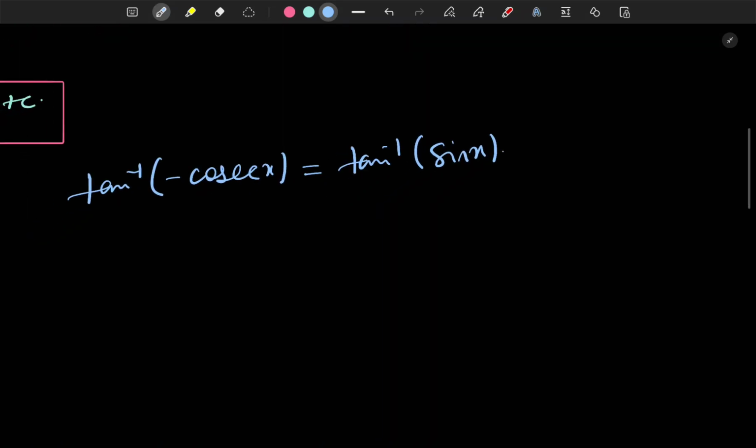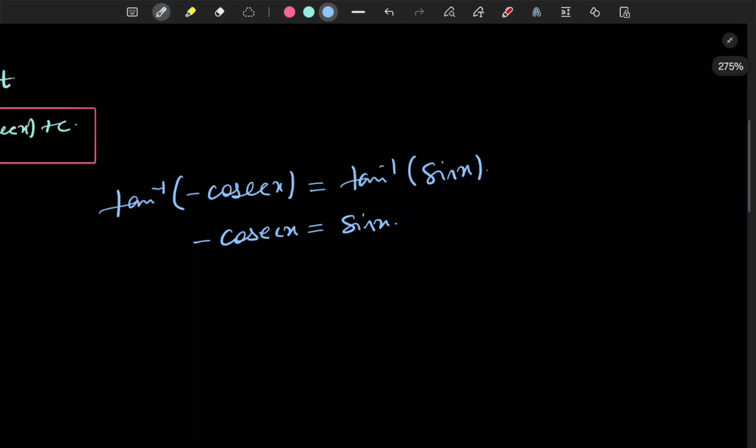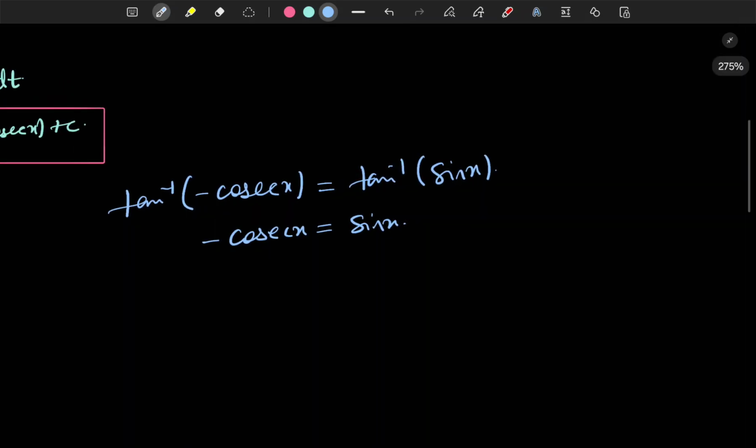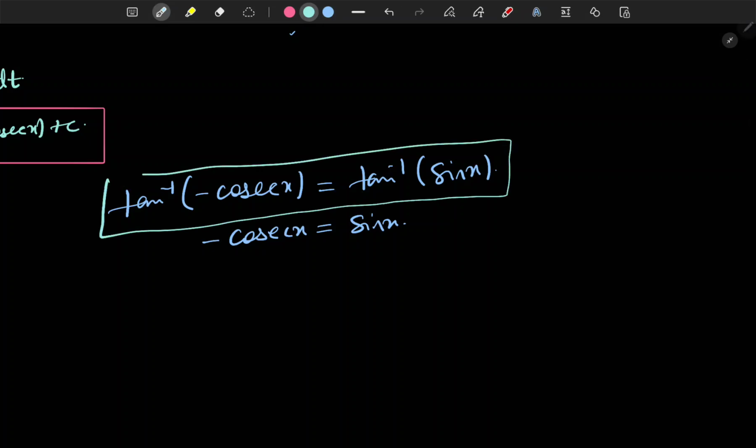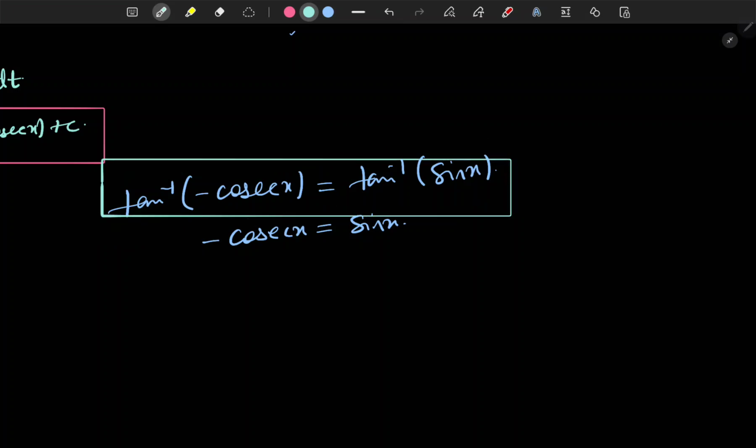Removing tan inverse on both sides, we have minus cosec of x equals sine of x. And I don't think there is any solution to this. So how can I say these are equal to each other? I'm solving this integral with my method and I'm having trouble with this.